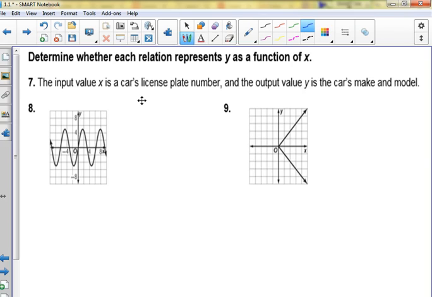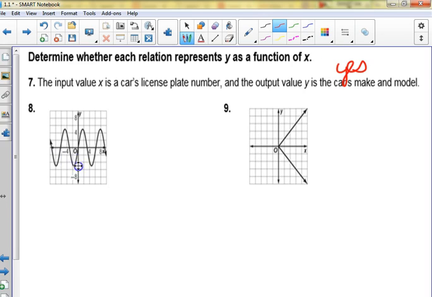If you were talking about within Illinois, there wouldn't be the same license plate number issued to more than one person. So even though there can be more than one license plate that matches the make and model, more than one Dodge Caravan out there with different license plates, that doesn't matter. The x, the license plate number, didn't repeat. So this would be okay.